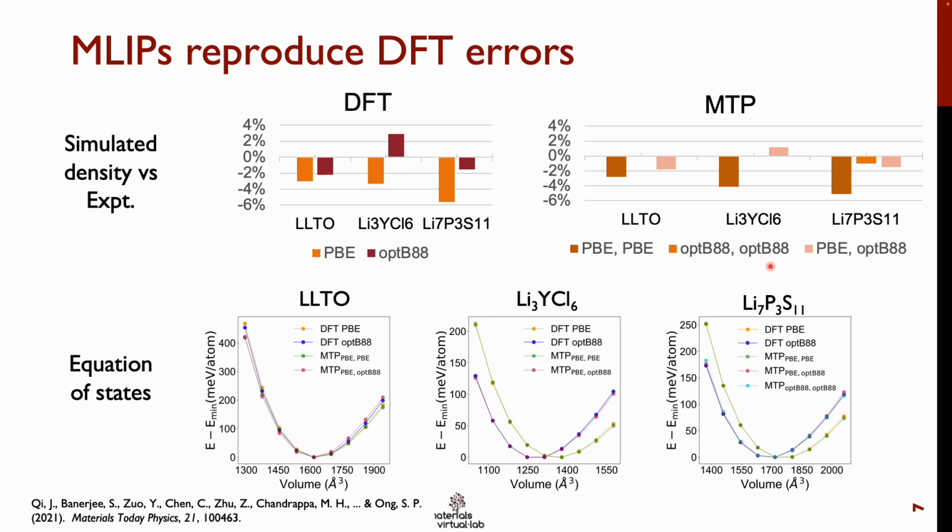This is also verified by the equation of states for those three systems: the moment tensor potential trained with the functional used to generate the energy and forces reproduces the result for that specific functional.